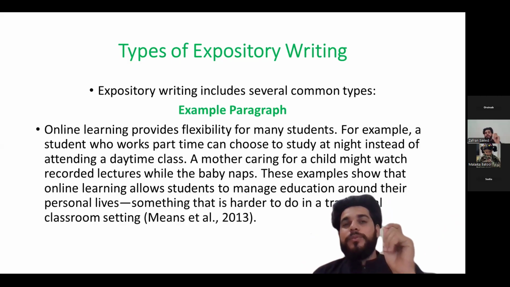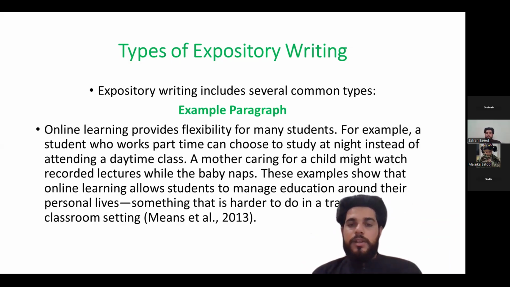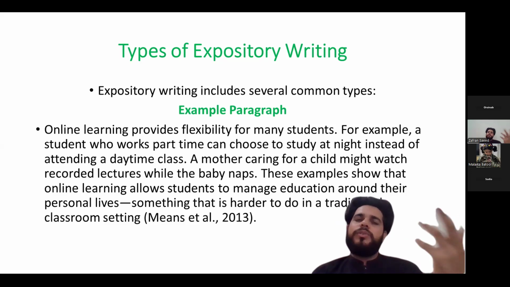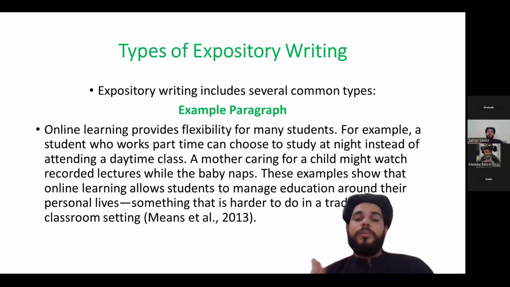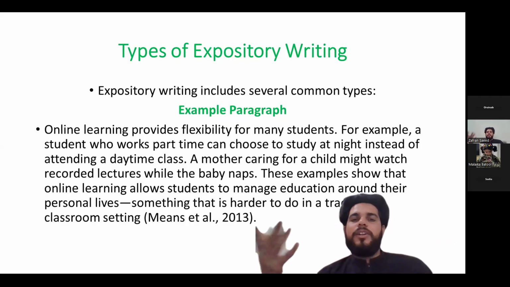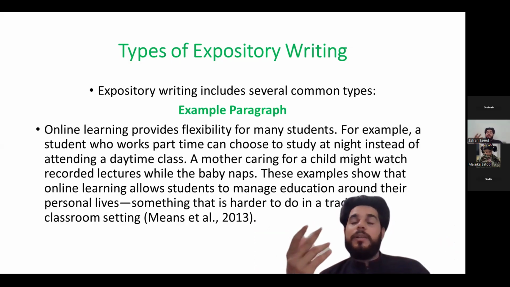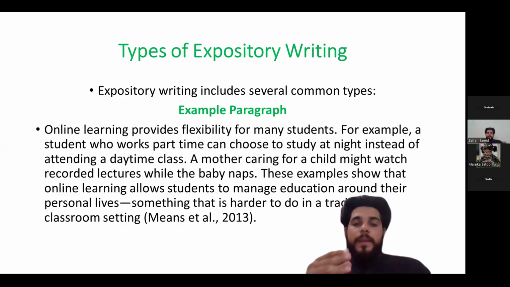Now we provide some examples in order to support this statement. The example is that students who work part-time can choose to study at night instead of attending a daytime class. A mother caring for a child might watch recorded lectures while the baby naps, while the baby sleeps.